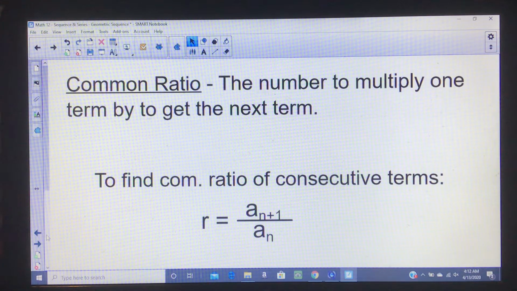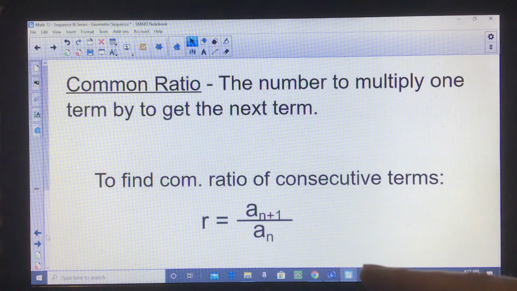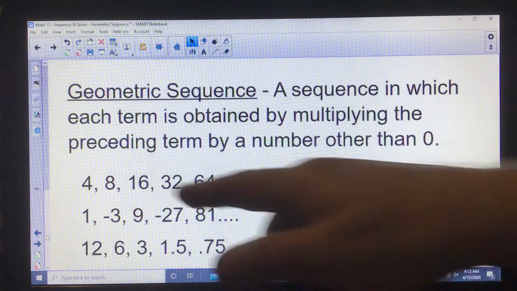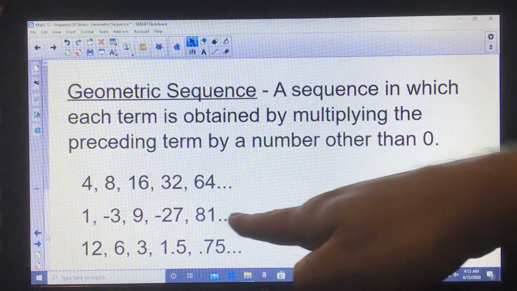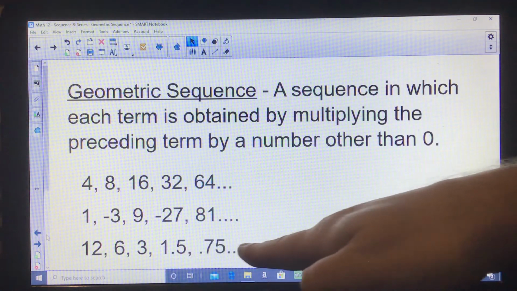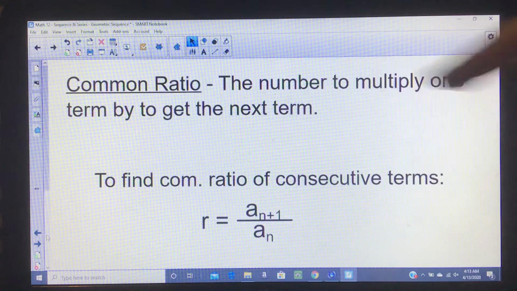Because now we're multiplying, they call the number that we multiply by the common ratio. So the common ratio is the number I need to multiply one term by to get the next. So before I talk about that formula, the common ratio here is 2, the common ratio here is -3, and the common ratio here was 1/2. Basically, it's what you have to multiply by to get that next term.